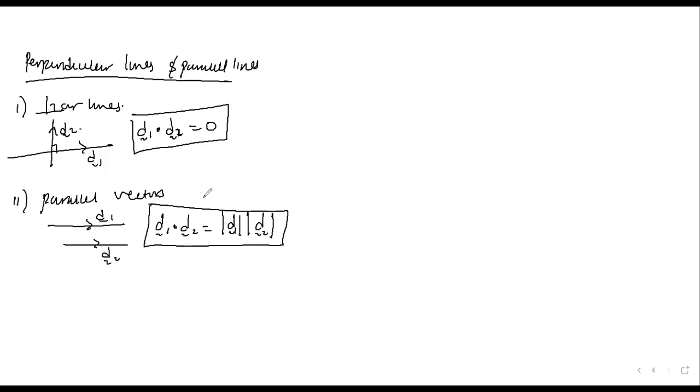So you just dot their direction vectors to find out which one is parallel and which one is perpendicular. When you confirm that, you can always have the solution for which lines are perpendicular and which lines are parallel. That is as simple as that.